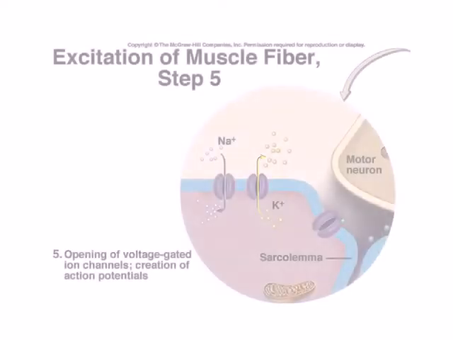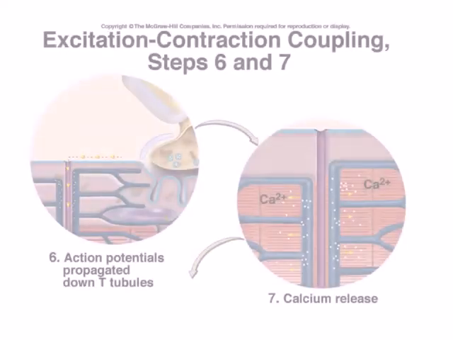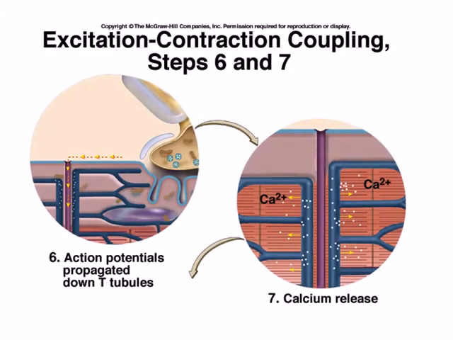When the charge on the intracellular side of the end plate reaches a threshold level, ion channels open across the sarcolemma, leading to a total membrane depolarization known as action potential. The action potential is propagated down the T-tubules.